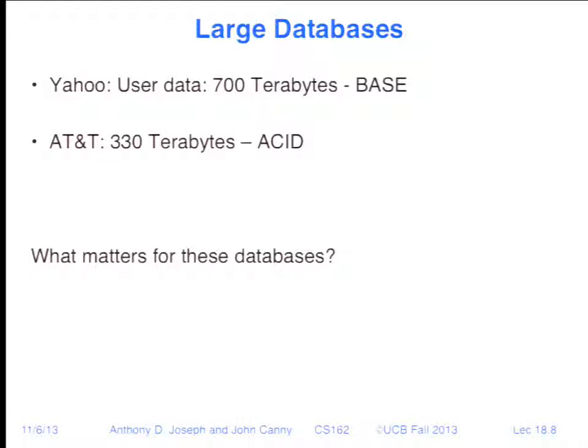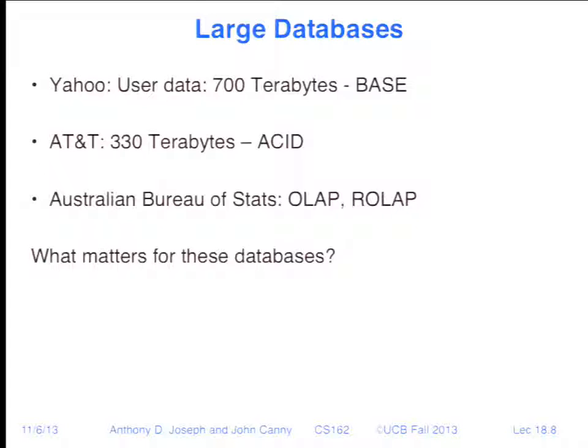For Yahoo, we'll just mention this briefly later, the emphasis is not so much on consistency, it's really on timeliness and availability. And a common name for that style of database is a BASE-based database.